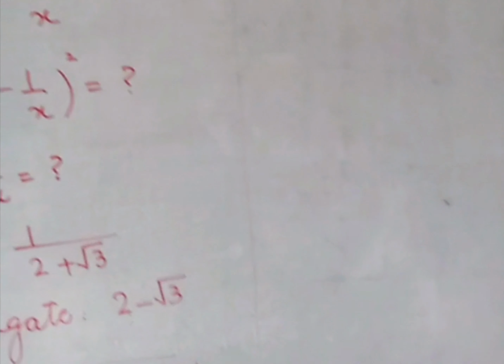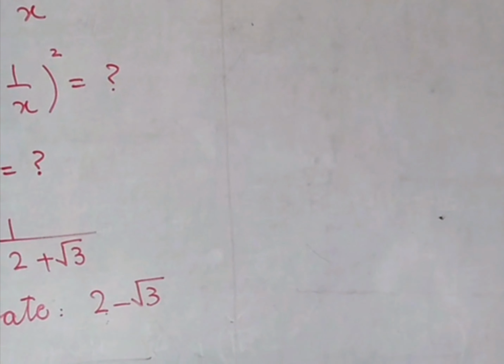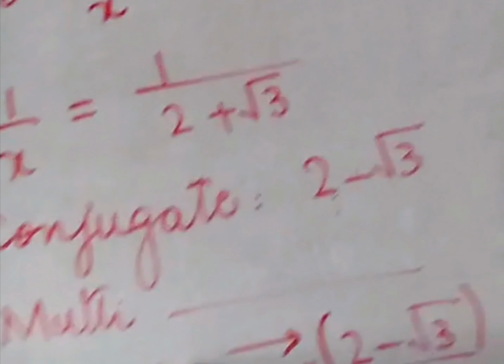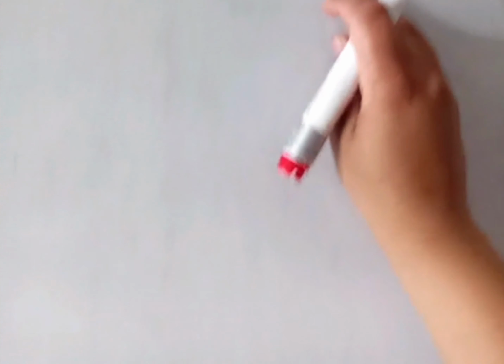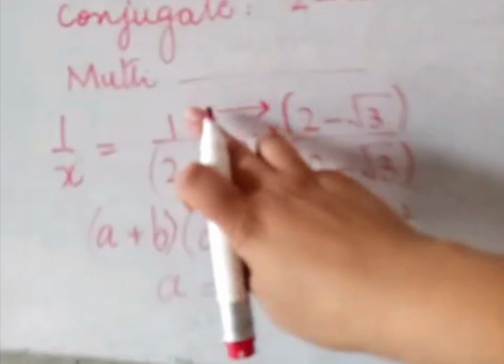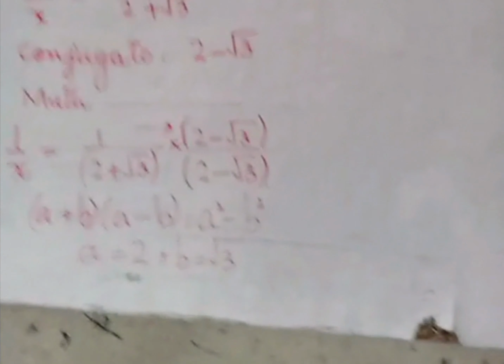Okay, now 1 by x is equal to, beta, can you hear my voice? Yes. 2 minus square root 3, when we multiply it by 1, it remains the same. Now look, you were asking why we haven't done this type of multiplication in the previous parts? Because there was only one number, so one number can be directly multiplied.